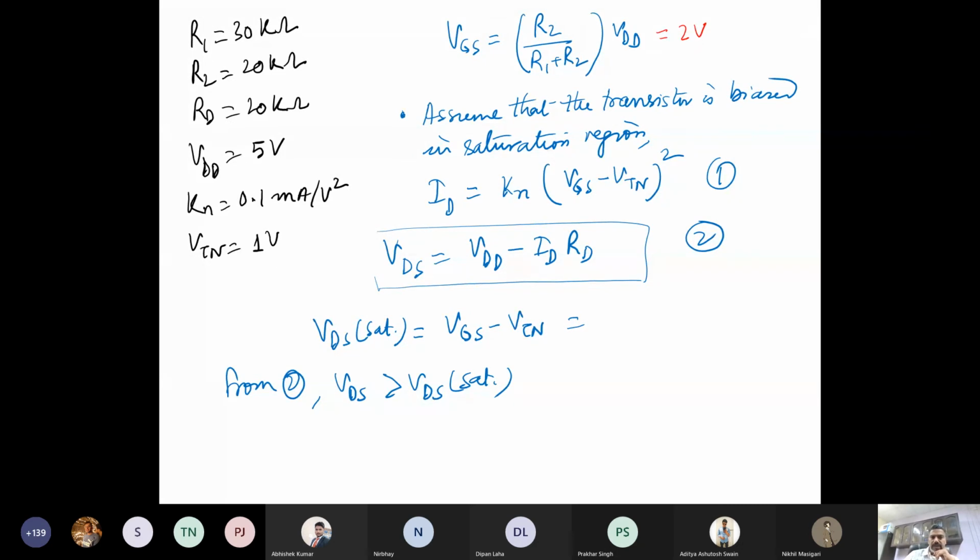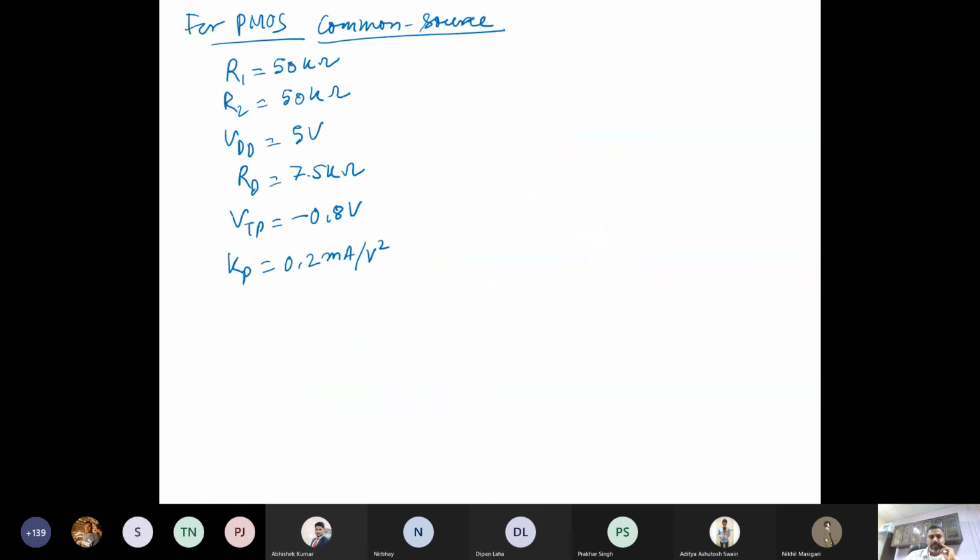In the same way, you can obtain it for the common source circuit for the PMOS and check whether, for this set of parameters, the transistor is biased in saturation or non-saturation region. So you need to confirm that for both problems, one has to make a check.